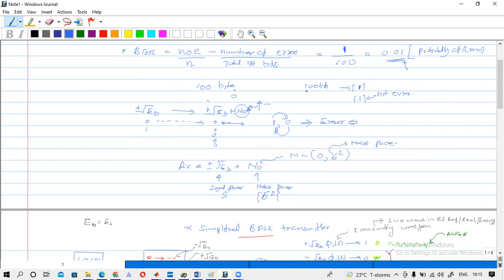We have simulated this in our last session. We saw what happened when the noise power is increasing: when we increase sigma squared, the noise power increases, and we see the impact on the received signal. We have already seen this. So I can say that this is the noise power.